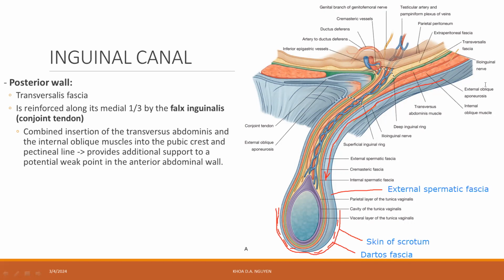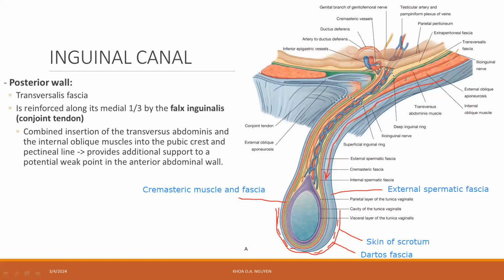All right, so now let us continue with this theme. The muscle and the fascia that is just deep to the external spermatic fascia is called the internal spermatic fascia. Actually, no, not yet. I'm sorry. It's called the cremasteric muscle and fascia. And this cremasteric muscle and fascia, guess what?